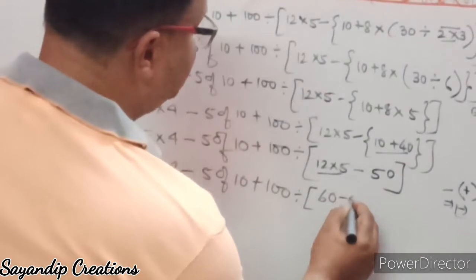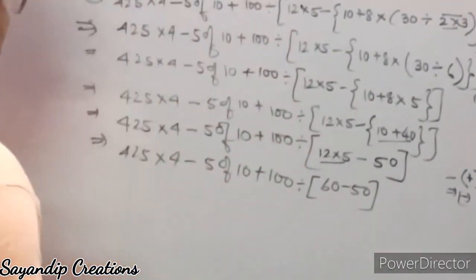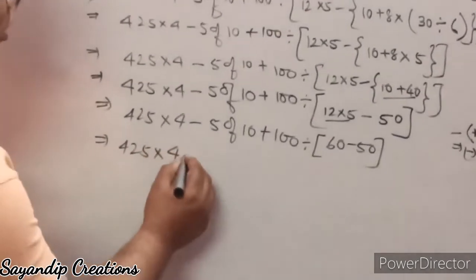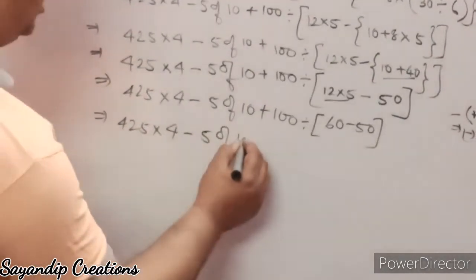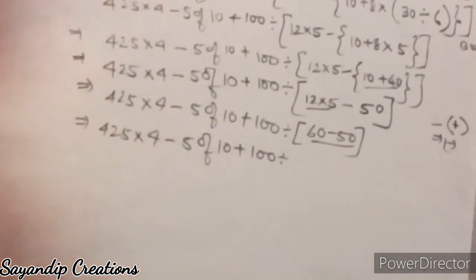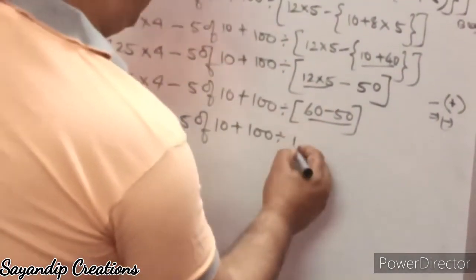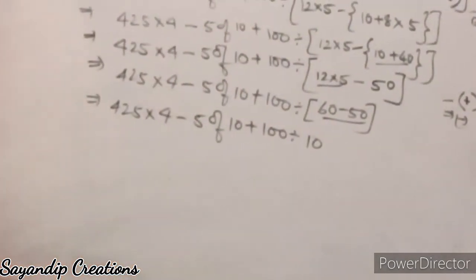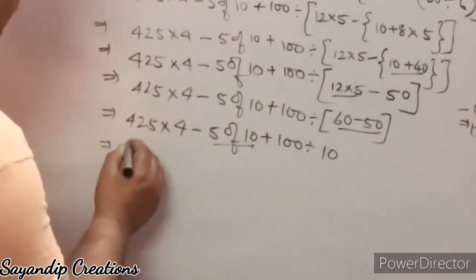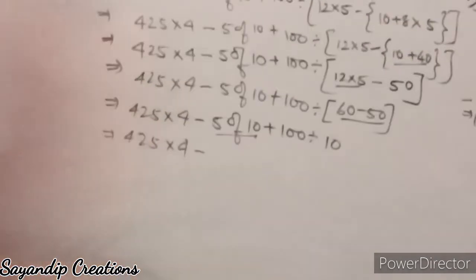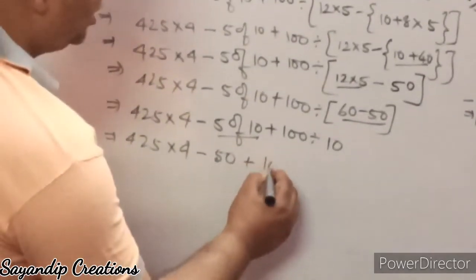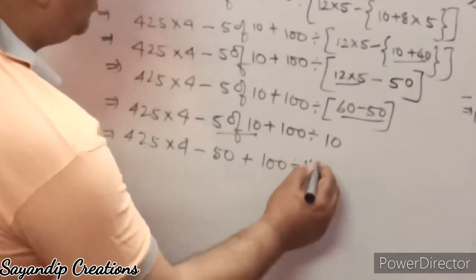Next, 425 into 4 minus 5 of 10 plus 100 divided by 60 minus 50 is 10. You remove the bracket. Fine. Now, next step you can do the 'of': 5 of 10, that is 50, plus 100 divided by 10.